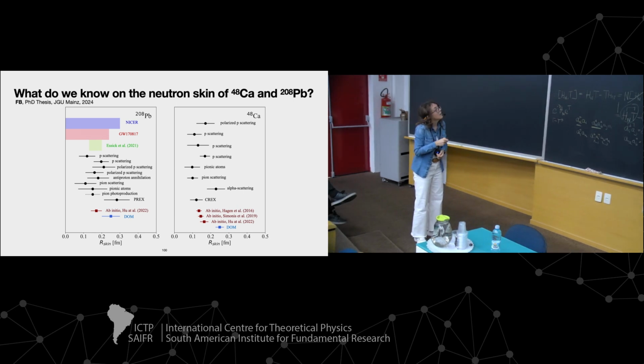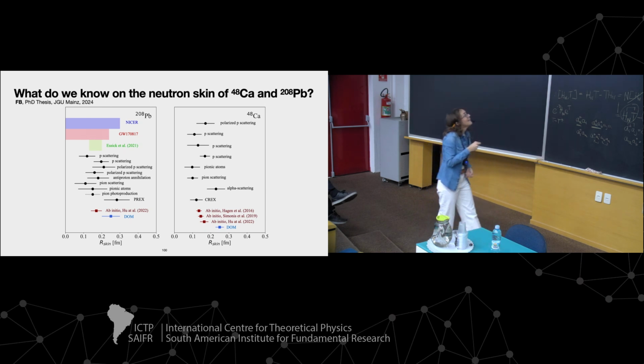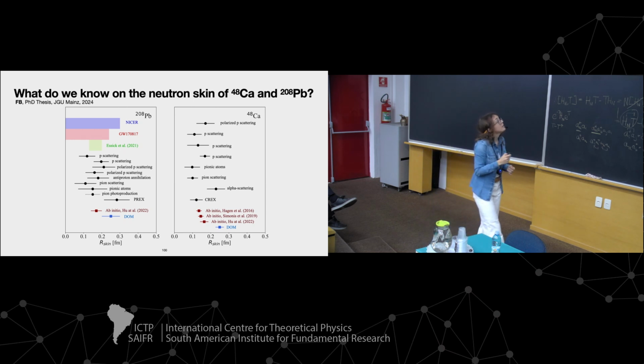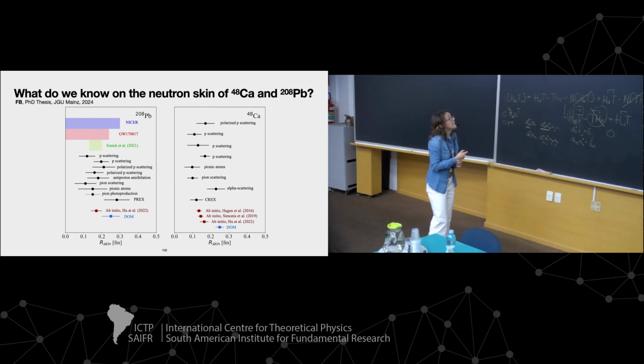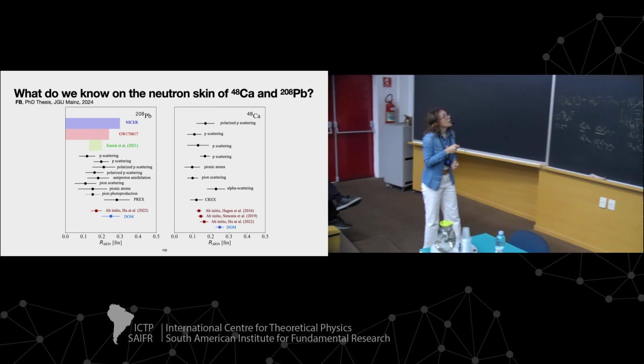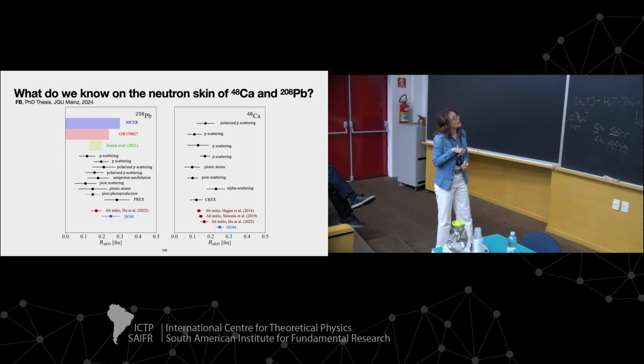And this is a work that actually was done by Ingo as well. It comes from the non-parametric model of the EOS he was mentioning yesterday, and constrained by chiral EFT and astrophysical observations. And so in general, we are kind of in mild tension with PREX.